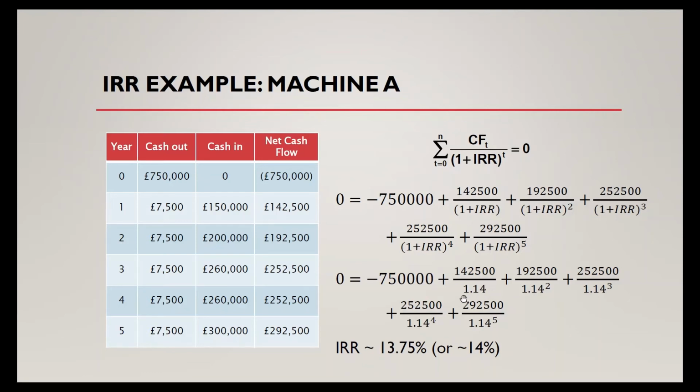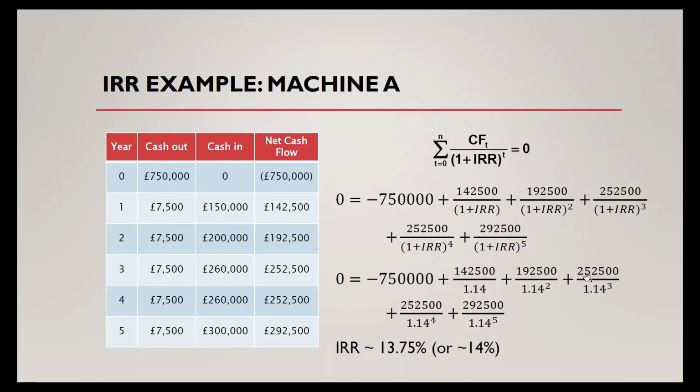Divide this by 1 plus 14%, and then for the second year it will be a net cash flow of 192.5 thousand. We want to divide this by 1 plus the 14% and raise to the second power.